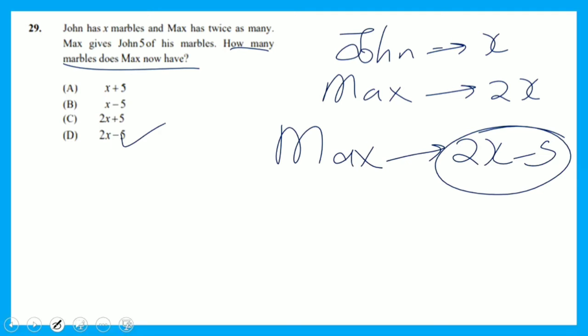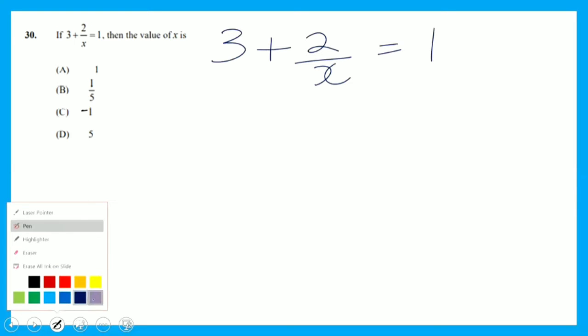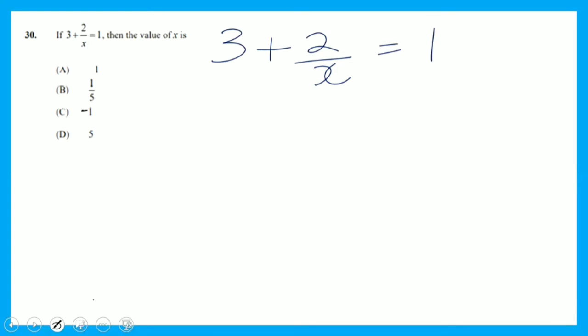All right, now to our final question for this week. If 3 plus 2 over x equals 1, then the value of x is. Again, you just want to ensure you stick to the basic rules. So you want to solve this equation. It has a fraction in it. The first thing you want to do is to not have a fraction. So you're like, how can I get rid of this x? Oh, I could multiply by x right here. But guess what?